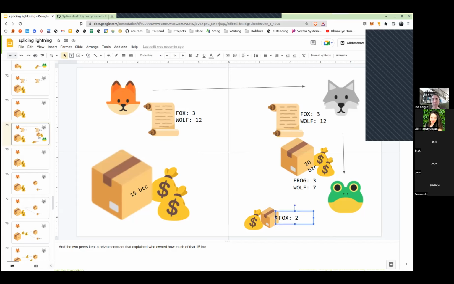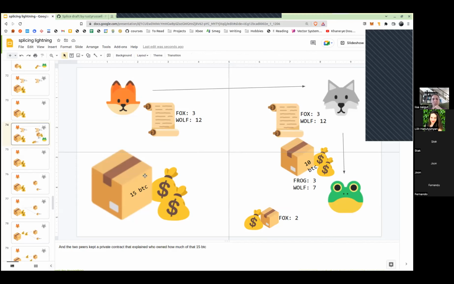The extra 2 Bitcoin that this third party is paying to Fox, they have to have sitting in some reserve somewhere, right? So the entire amount of money locked in the Lightning Network doesn't change when you do a swap in or a swap out. All that changes is that some extra money that's not in Lightning gets distributed from a wallet that Frog had somewhere else, and now it belongs in Fox's wallet, right?